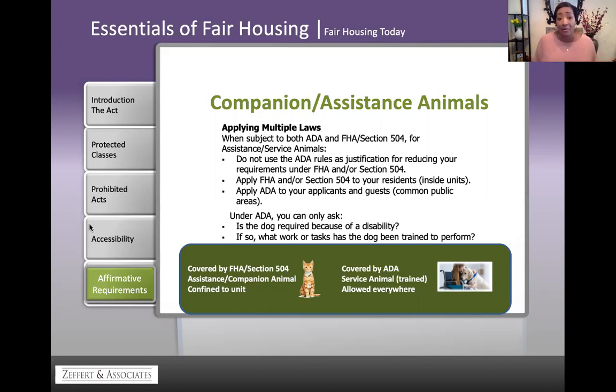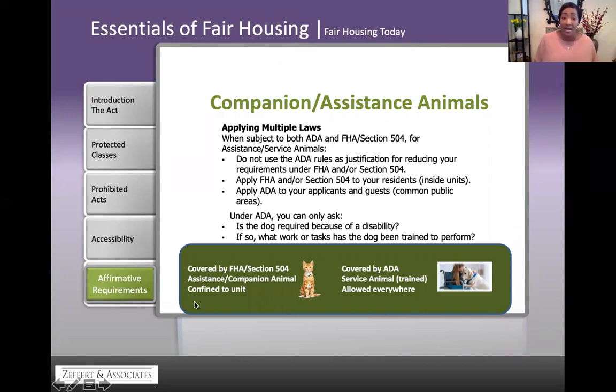So fair housing laws cover those companion animals confined to a unit, but then under the ADA, those service animals are allowed everywhere. When applying both ADA and fair housing, Section 504 rules for assistance and service animals, you do not use the ADA rules as justification for reducing whatever your requirements are for fair housing. You have to understand how both laws apply.